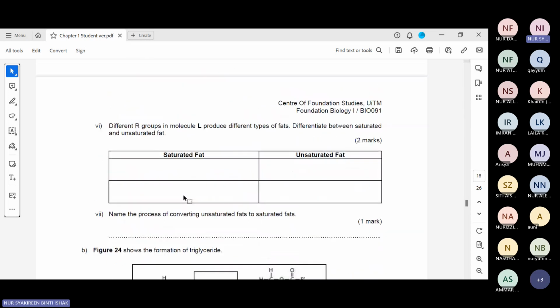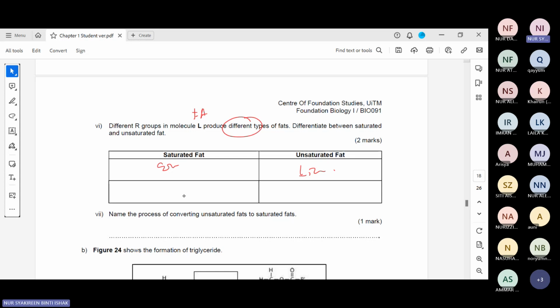Okay, so next, different R groups in L. L apa tadi? L fatty acid, okay? Fatty acid produces different types of fat. Differentiate between saturated and also unsaturated fats. Okay, so saturated fat solid at room temperature. Unsaturated fat is liquid at room temperature. Satu perbezaan. Sebab ini dicakap secara general, so awak bolehlah bagi apa-apa perbezaan.